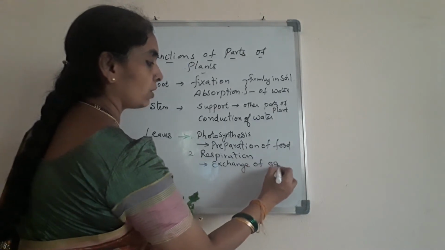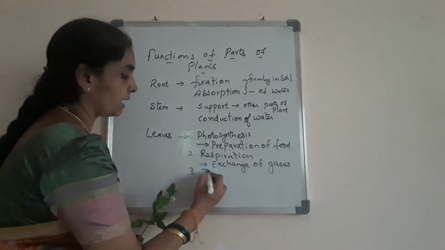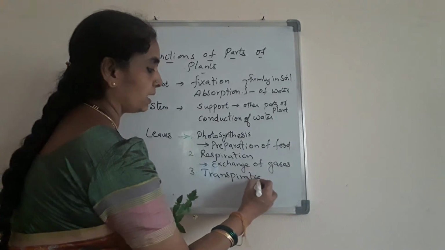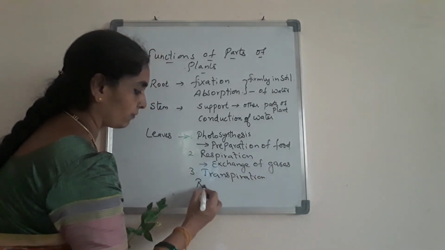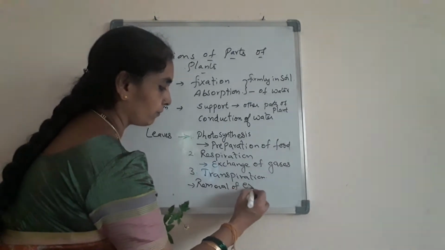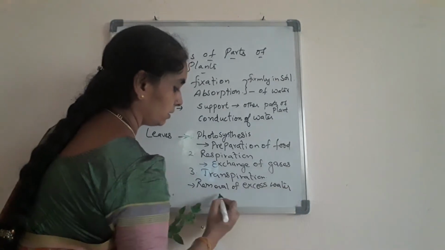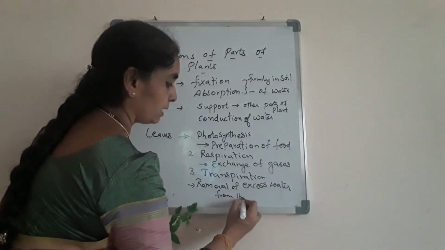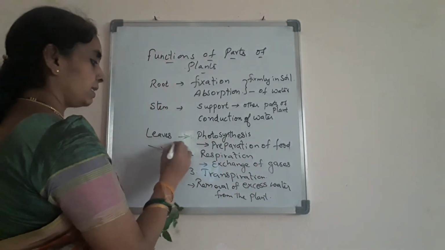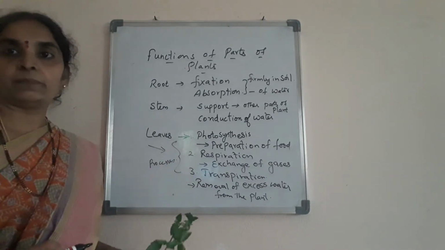Respiration, exchange of gases. And the third one is transpiration. What is it? It is transpiration, that is removal of excess water from the plant. Removal of excess water from the plant takes place by these three processes in the plant.